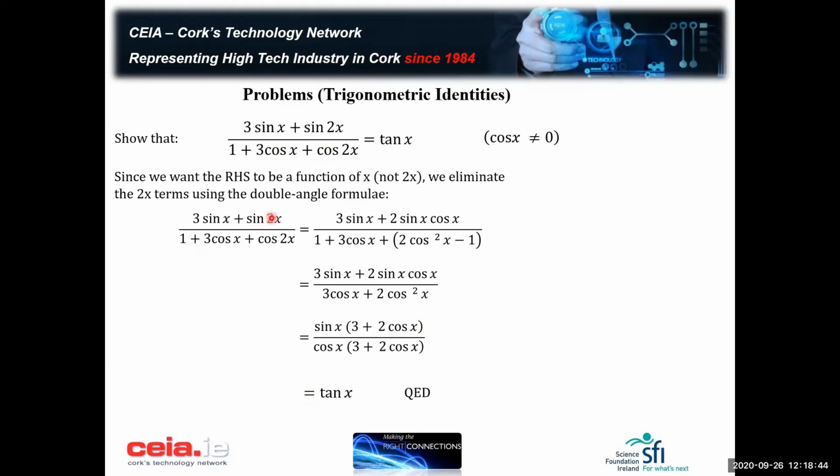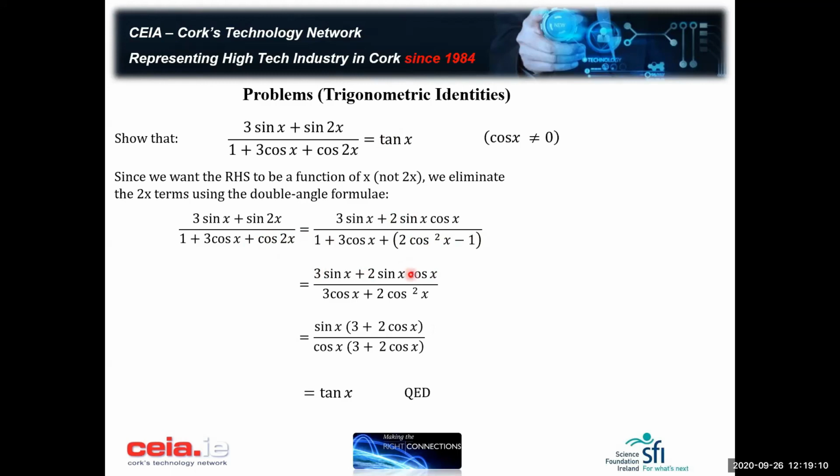And when we do that, we see that the sine 2x gets replaced by 2 sine x cosine x. The cosine 2x, we want to replace by one of the identities for cosine 2x. We saw several of them, but we would like to get cosine x below the line in order to get a tan x result. So we use this version of the cos 2x identity.